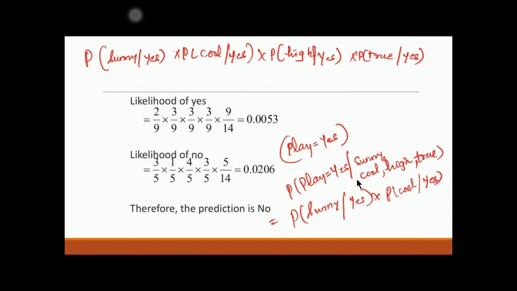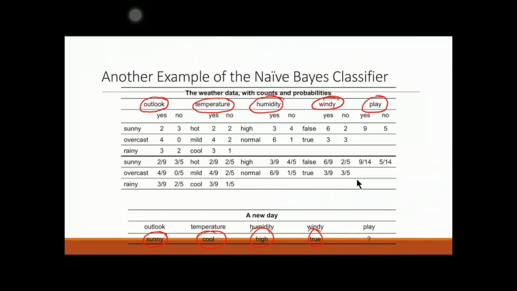Okay, now see, when your play is yes, what is the probability of the outlook being sunny? So these are the possible outlooks, and these are the number of occurrences.